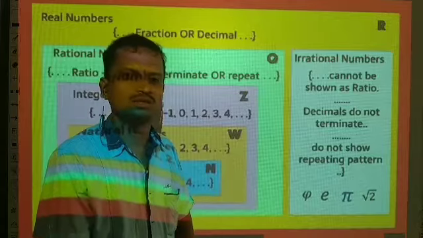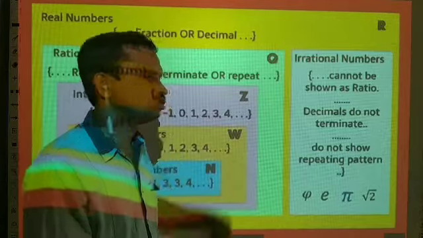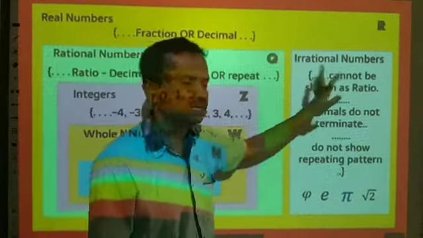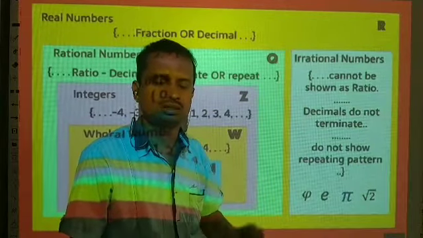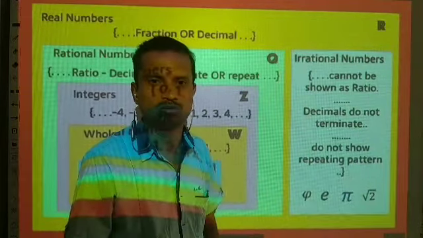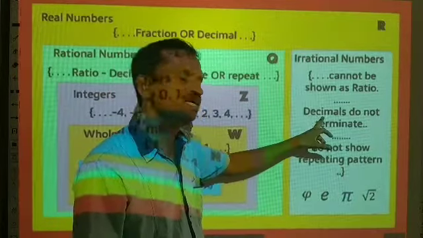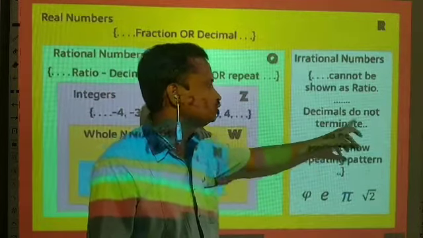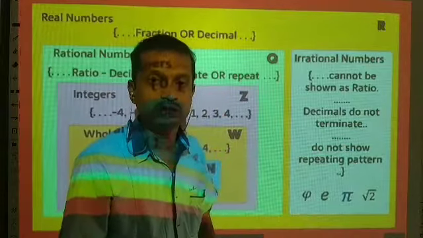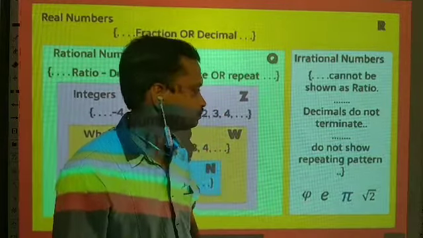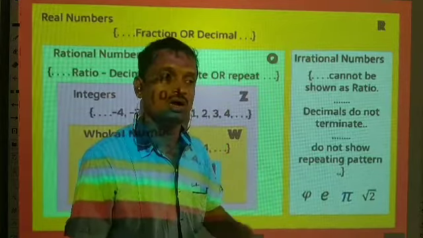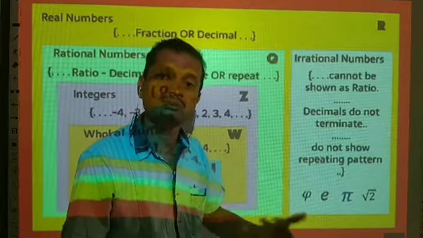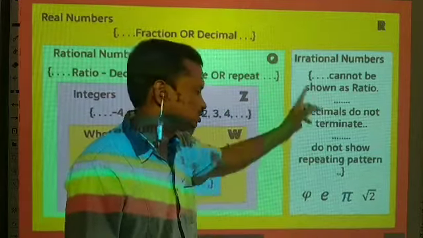But irrational numbers we cannot write as 2/3, or generally P/Q. In decimals, the decimals do not terminate and do not show a repeating pattern. That means non-terminating and non-repeating numbers are irrational.